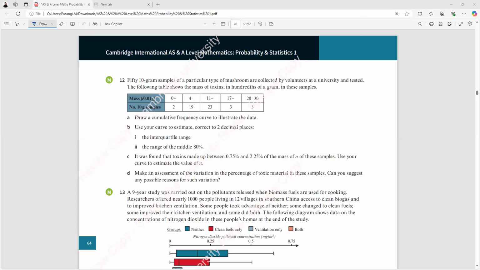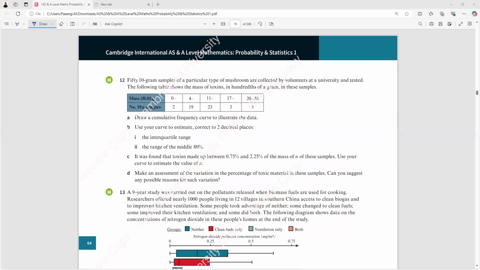What do we have? n means what? The cumulative frequency is also there.